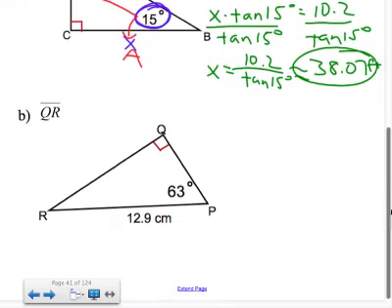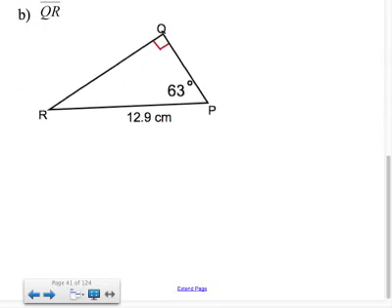Okay, so that's a quick introduction to how we're going to use these trig ratios. So in part B, same idea. I'm solving for QR, call it X. I know this angle, so I would label every side relative to that angle. This side is opposite. This is your hypotenuse, which leaves this guy to be your adjacent. So the 2 pieces of information I'm going to use are opposite and hypotenuse. SOHCAHTOA. OH is sine.